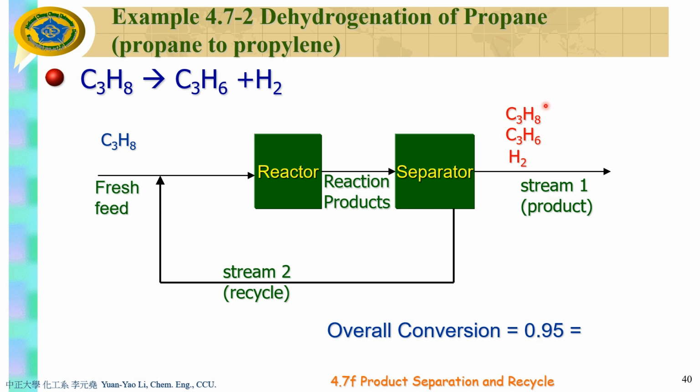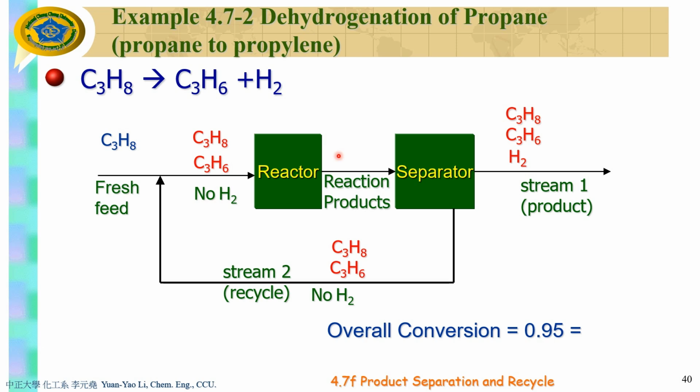We know the output is this, and in the recycle stream there are only two species, no hydrogen, because the text tells us there is no hydrogen. And of course when you do the recycle, you will have propane, and no hydrogen.